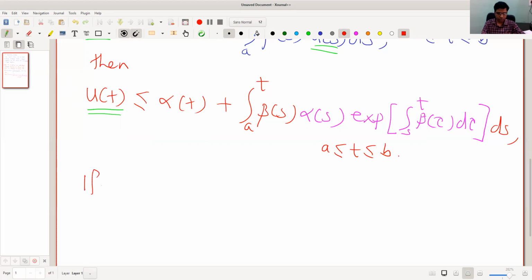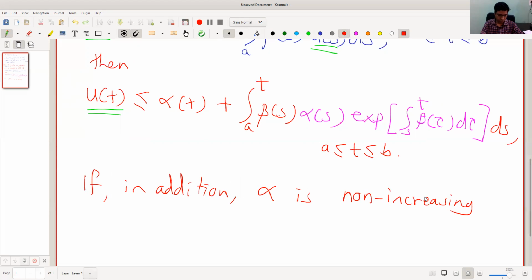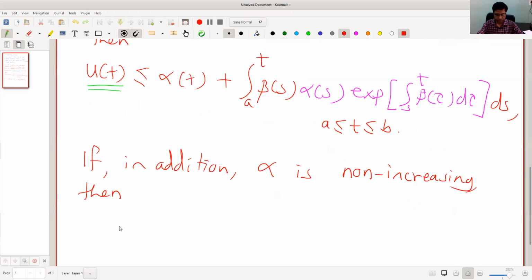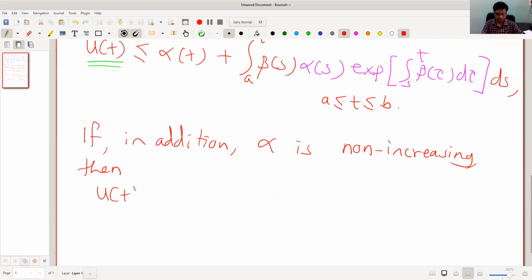Second part is, if in addition alpha is non-increasing, then u of t is less equal alpha of t multiplied by e raised to integral from a to t, lower limit is a, beta of s ds.